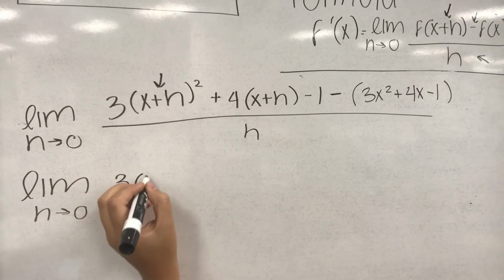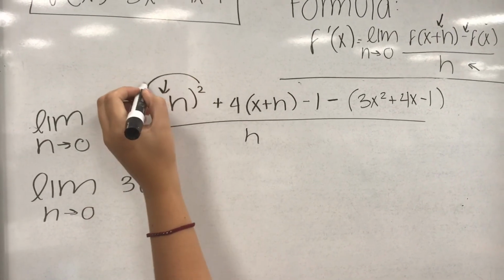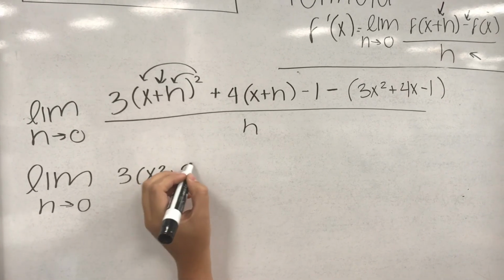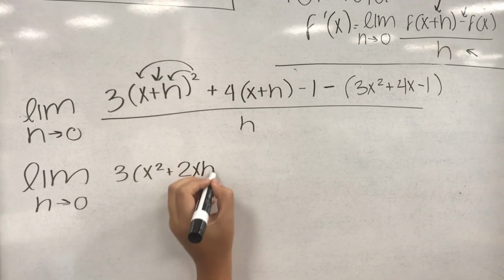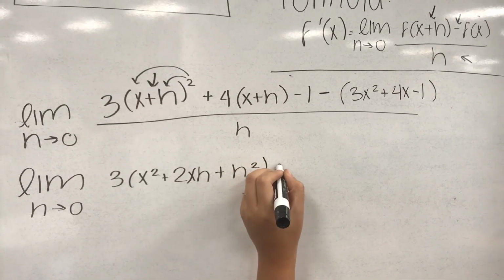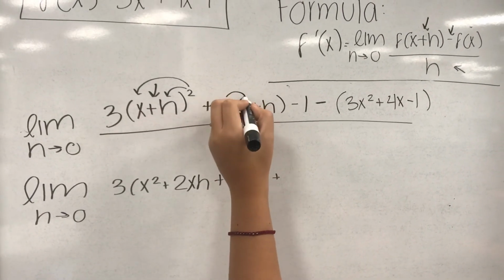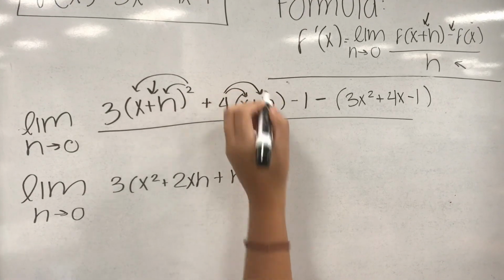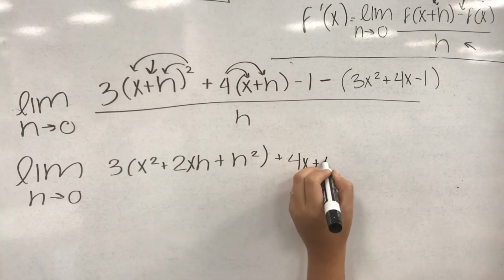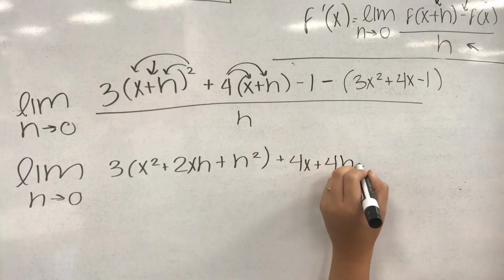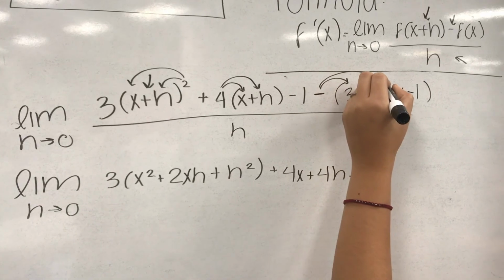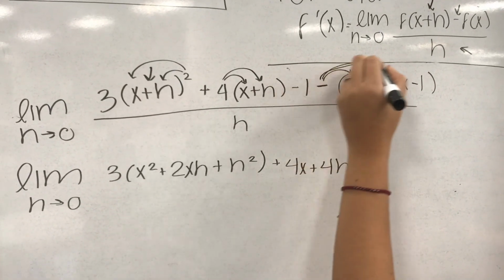Now we have to open the parenthesis, which is square the first, double the product, and square the last. We rewrite, we open that, we distribute property, which will be 4x plus 4h, then minus 1, and then you have to change the sign of every single term on this trinomial.